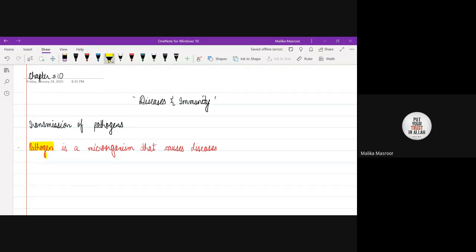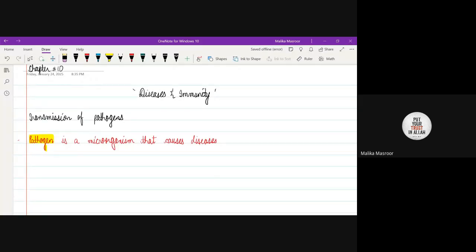Others are non-infectious. So diseases can either be infectious or non-infectious. Basically, we'll talk about infectious disease, so let's stick to infectious diseases.